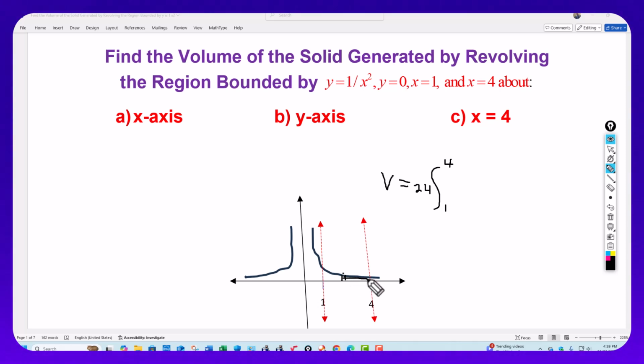If it's 4 there, and then here would be x, so this distance here would be x. I want the distance from this point to the axis of revolution, so it's going to be 4 minus x. So the radius r of x is 4 minus x.